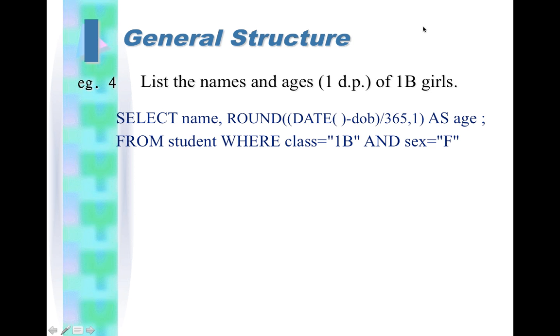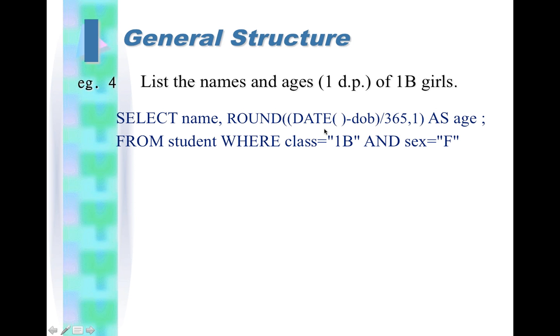So how do you find age? List the names and ages. You just have date of birth, right? So this is one other function they're using, date minus date of birth divided by 365 to give you age in years. So of all the girls from 1B, with the conditions you guys said, name and age.